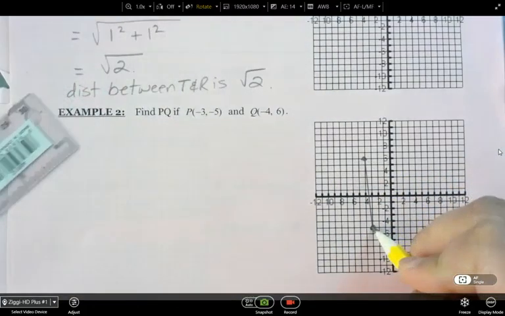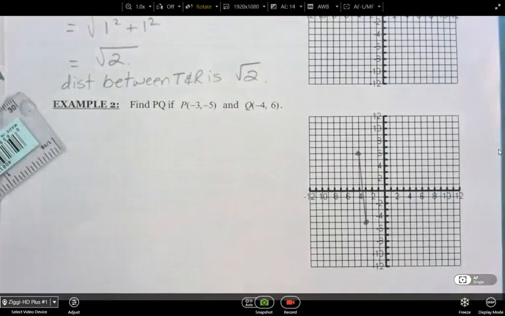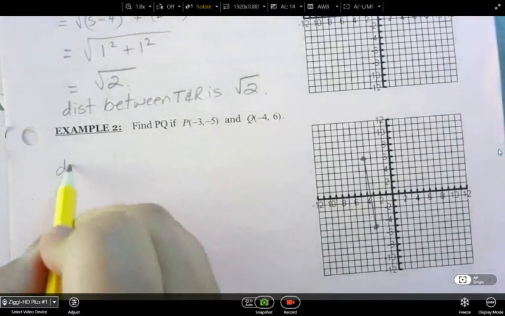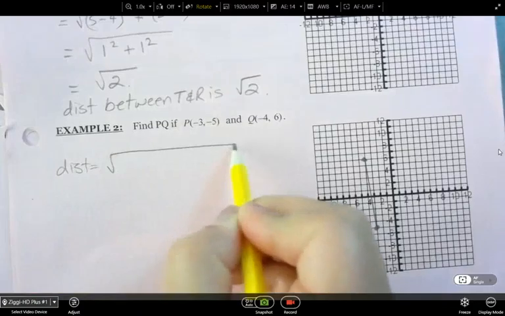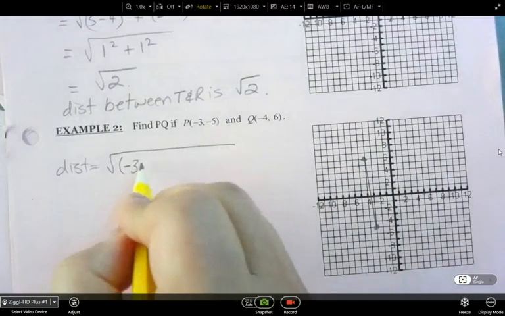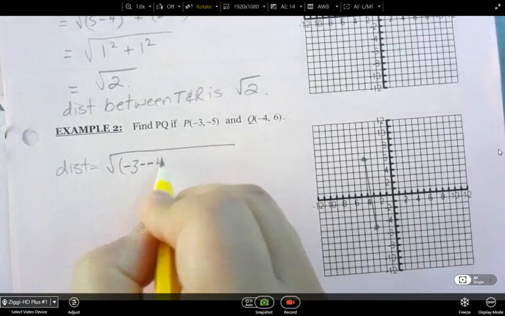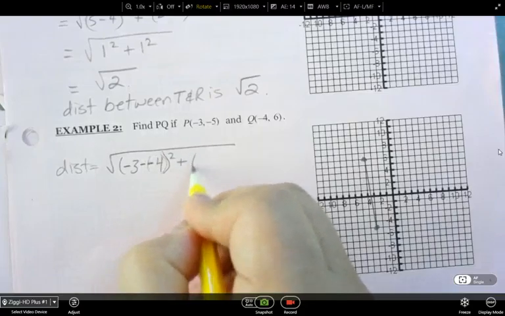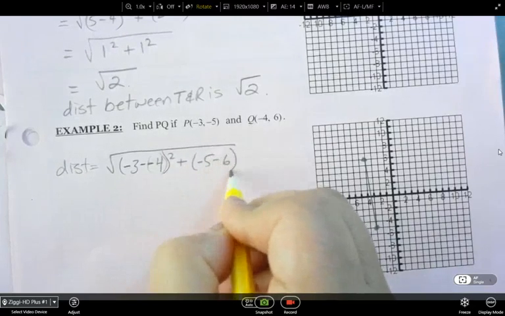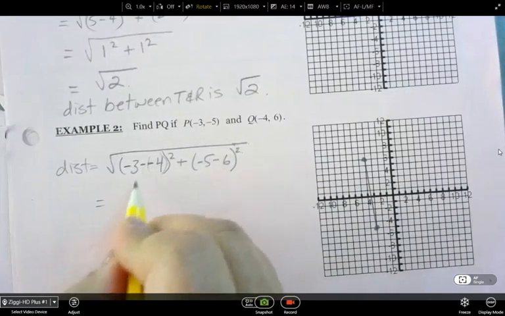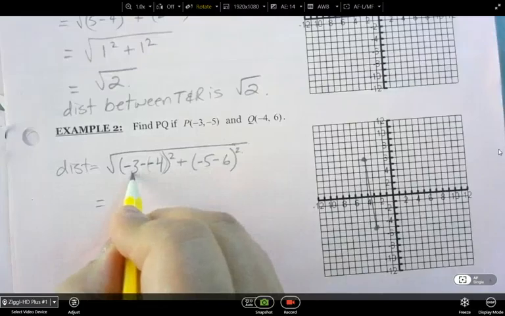All right, so I need to find the distance between those 2 points. So using my formula, square root, we've got the difference of the x's, which is -3 minus -4 squared. Excuse me. -5 minus 6 squared. And this is going to be -3 plus 4.